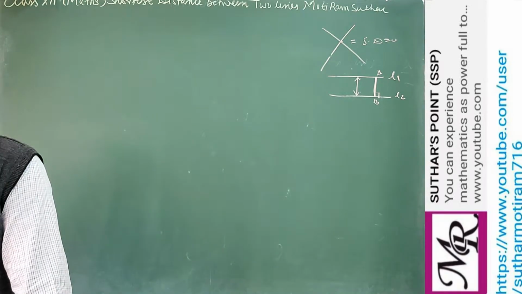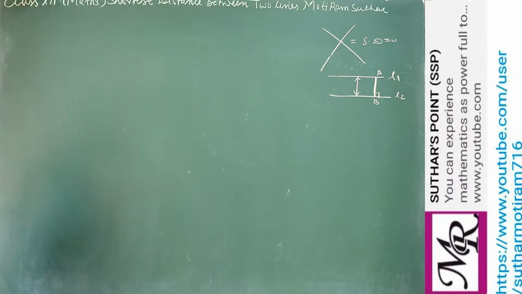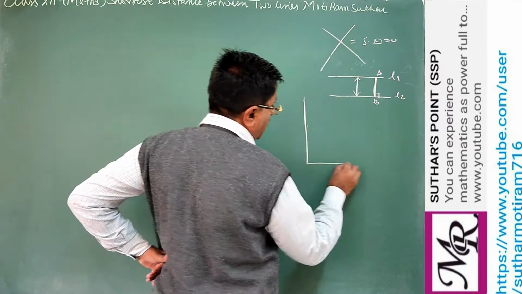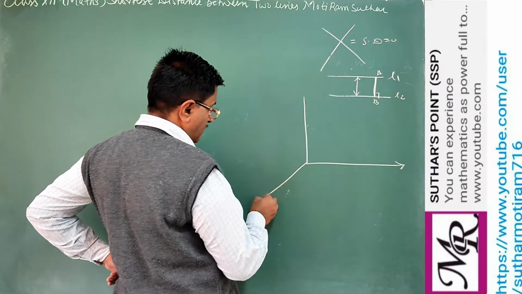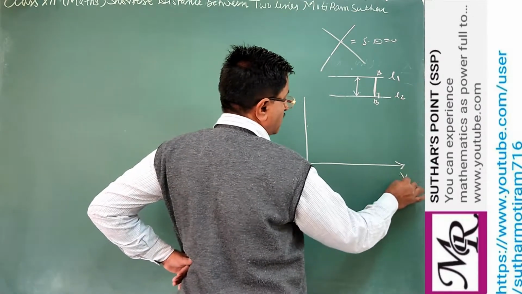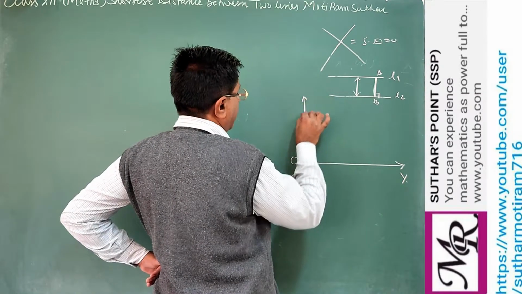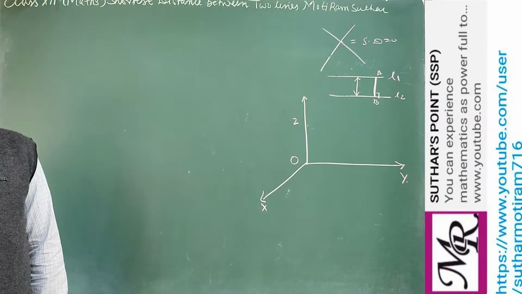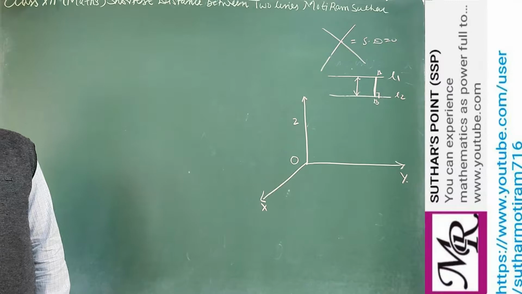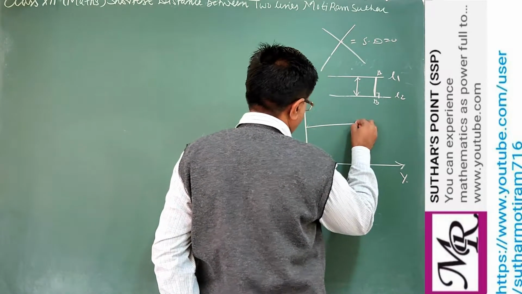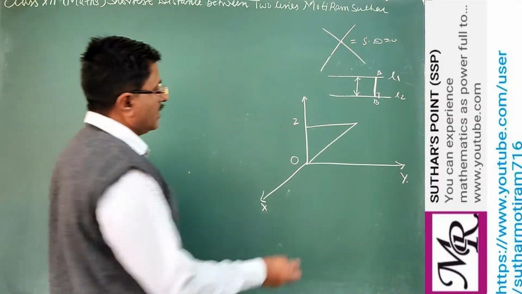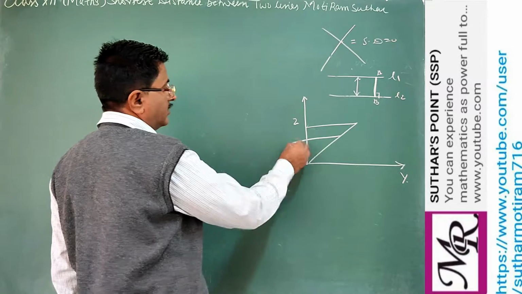In space there are lines which are neither intersecting nor parallel. Clear? Now see, if you figure in the three-dimensional system, this is X, Y and Z. Clear? Now if you take any rectangular parallelepiped here, suppose you can consider a rectangular parallelepiped in this way.